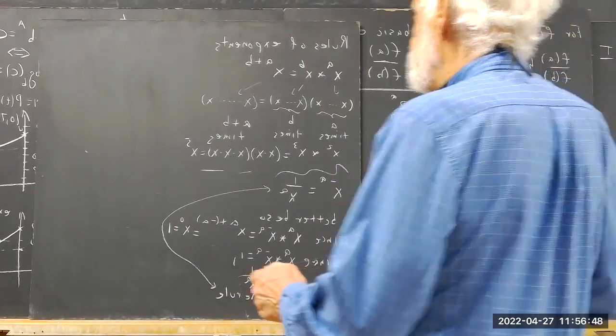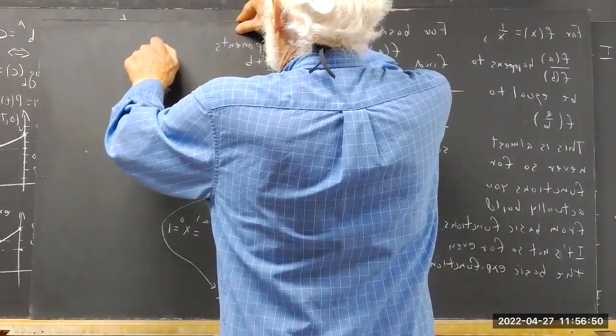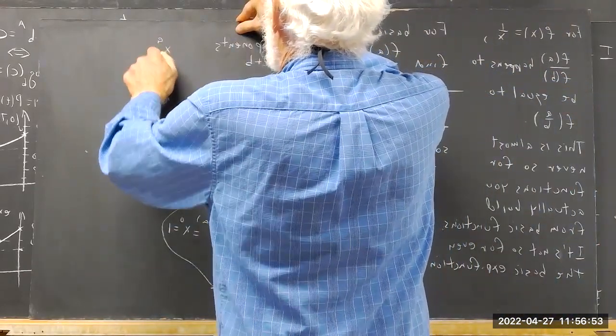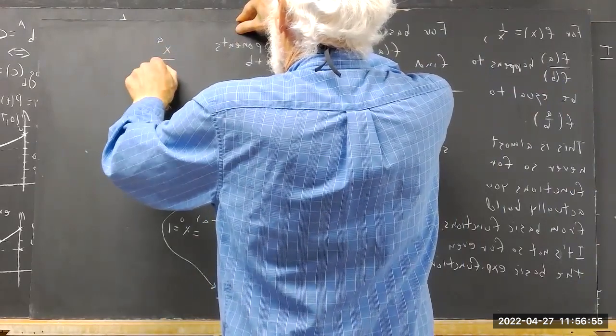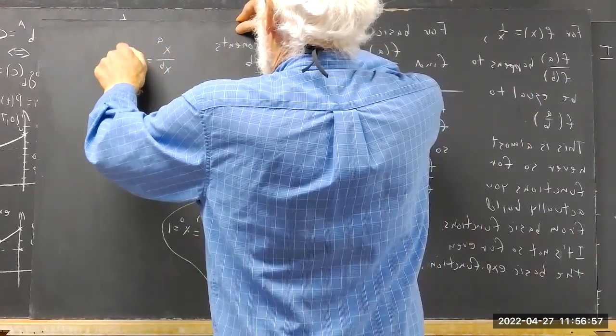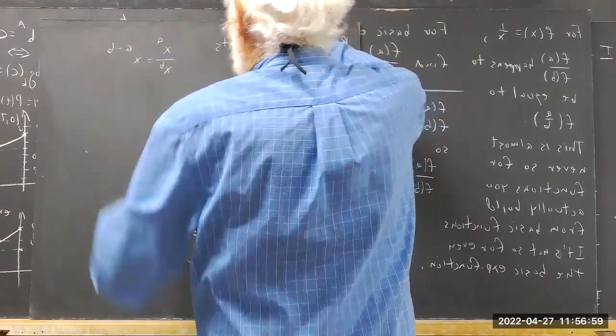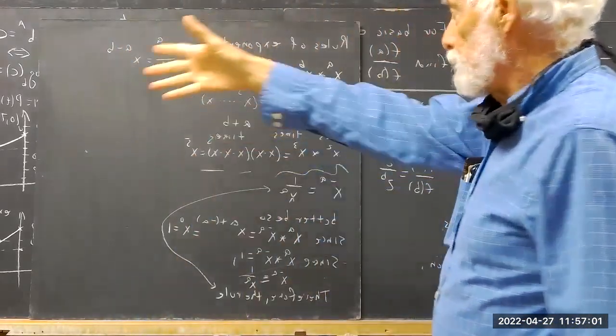And then x to the a divided by x to the b is x to the a minus b.